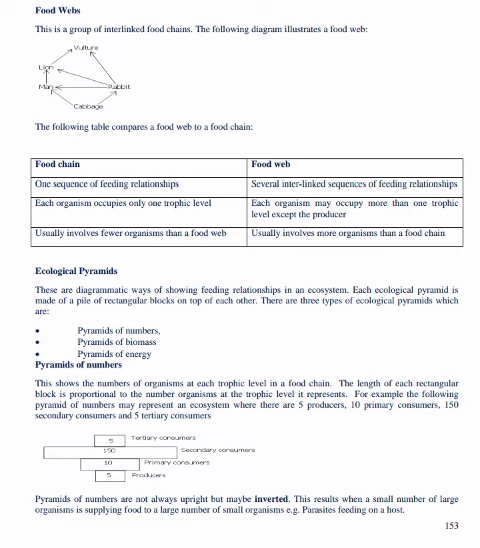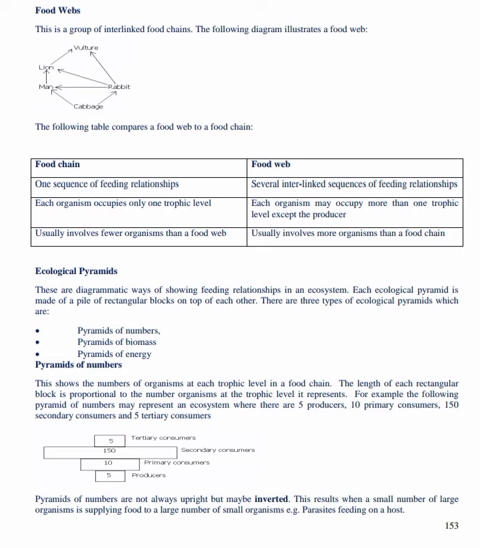But on the other one, where we have cabbage, a rabbit, man, lion, and vulture, our man now becomes a secondary consumer because he fed on a rabbit. I'm sure you can see now what we mean when we say one organism may occupy more than one trophic level. But you must know that the only trophic level other organisms cannot occupy is that of a producer.